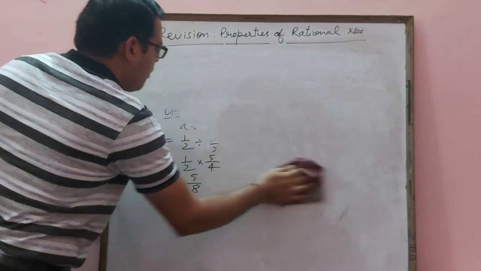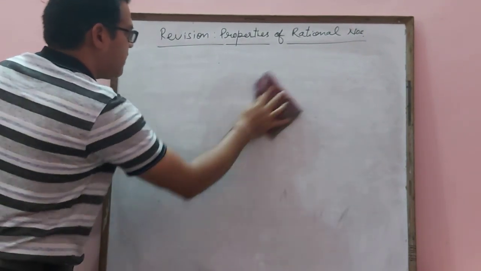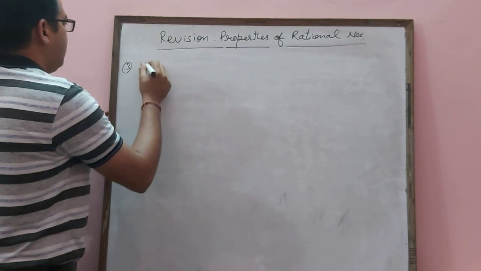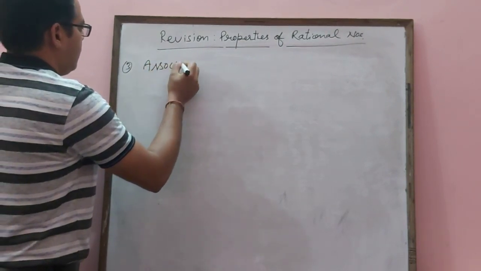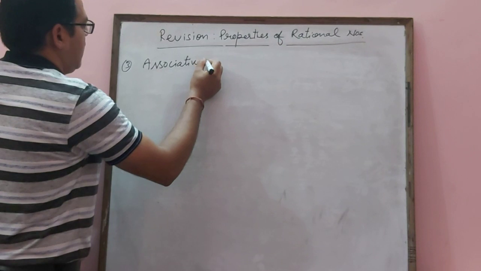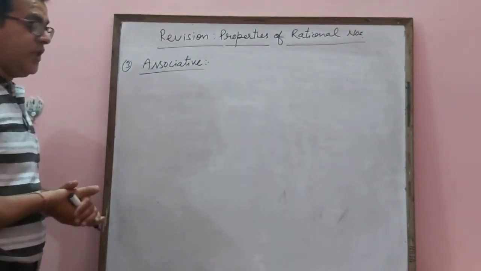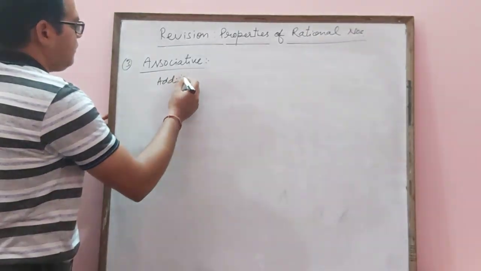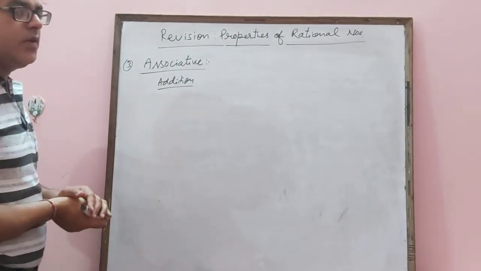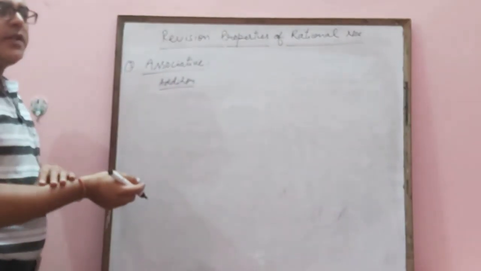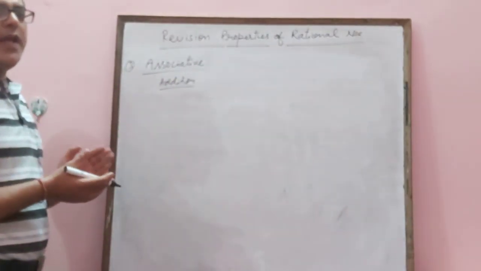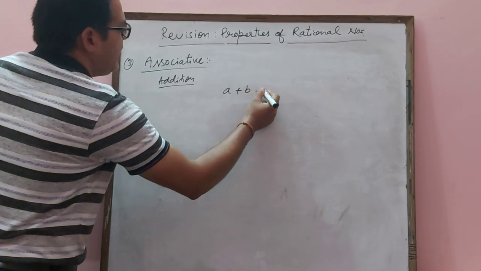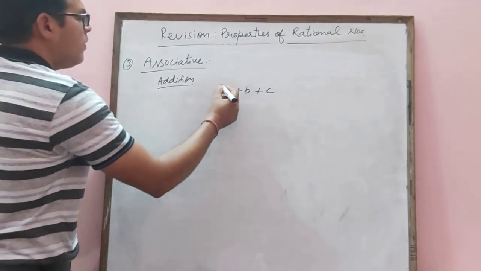Now the third property that we will discuss today is the associative property. Associativity. For addition we will check first. Suppose we are taking three rational numbers together, a, b and c. a, b and c are rational numbers.